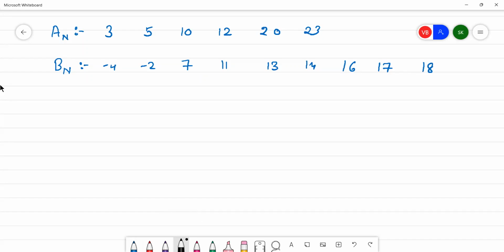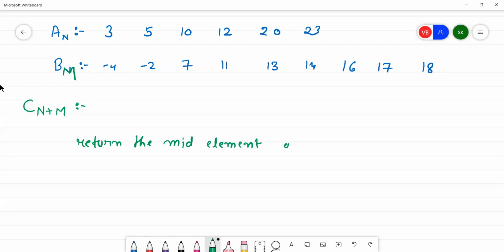These are the two arrays given to you, and you can see that both are sorted arrays. Yes or no? Now if I merge both of these arrays, the third array generated, which is of size m, contains both of these sets of numbers, should also be sorted, and you have to return the mid element of the combined sorted array.